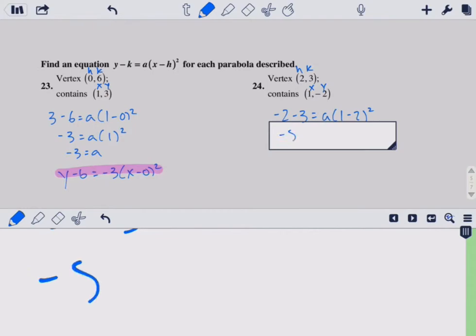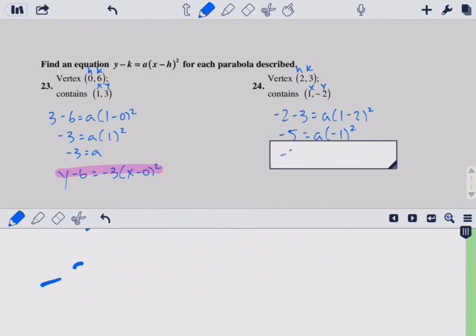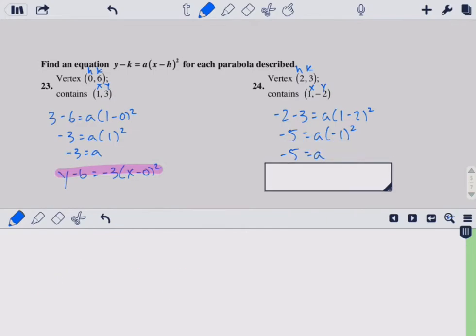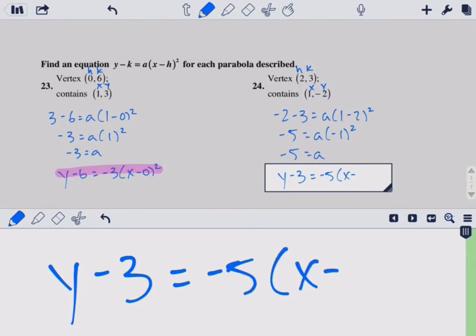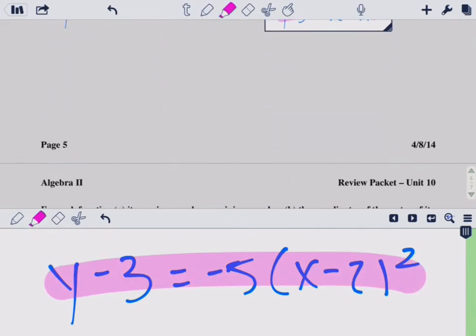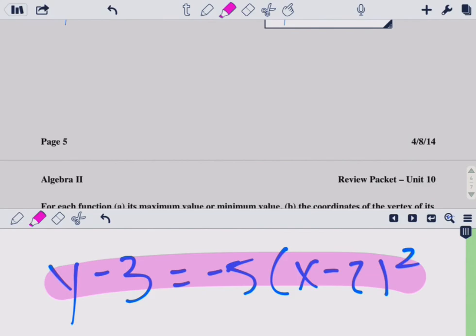So I've got negative 5 is equal to a times negative 1 squared. Negative 5 is equal to a. Write your equation. Y minus 3 is equal to negative 5 times x minus 2 squared. And there's your answer. Okay, so we'll pause there and pick it up on the next video.